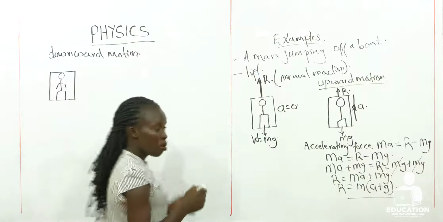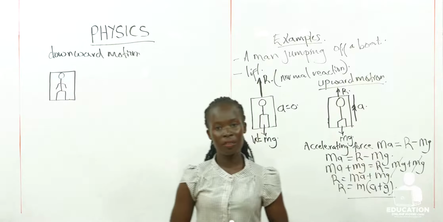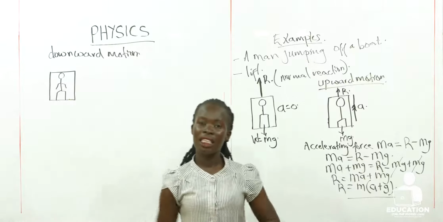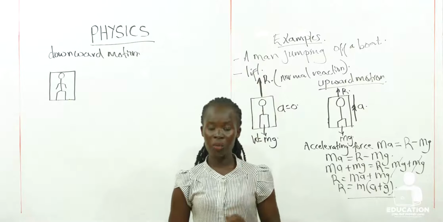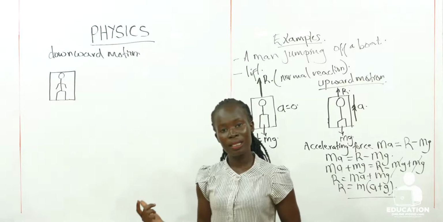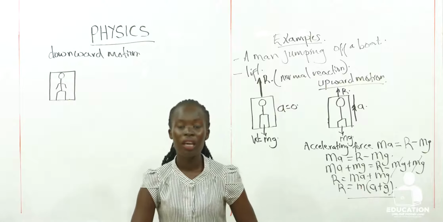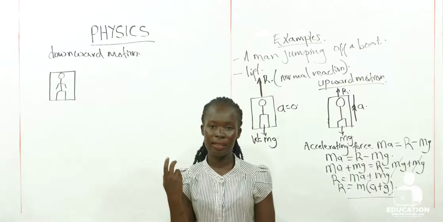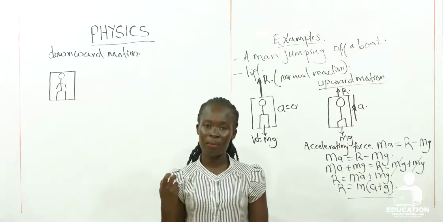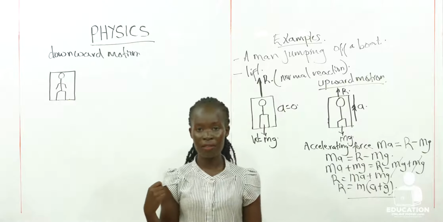So you're moving downwards. What could be the forces that will be acting on the lift? There are still three forces acting there. That is your weight. Obviously, when you exert your weight on the lift, it is going to react back. So if it is reacting back, it means that we have the normal reaction also acting there as a force.